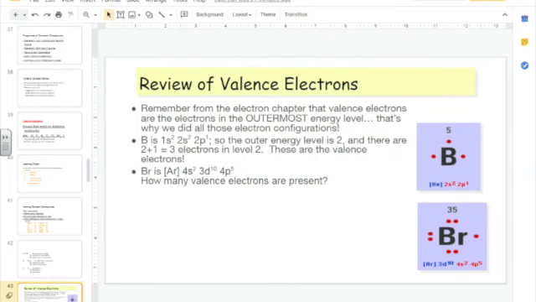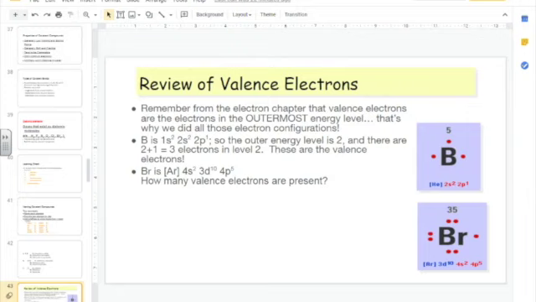Before we can draw covalent bonds, we need to do a little bit of review of valence electrons. Valence electrons, as we know from last unit, are the electrons in the outermost energy level. The way you look at that is by looking at the location on the periodic table. If it's in that first column, like your hydrogens, lithiums, and sodiums, it's going to have one valence electron. If it's in the second column, beryllium, magnesium, calcium, all those, they'll have two.